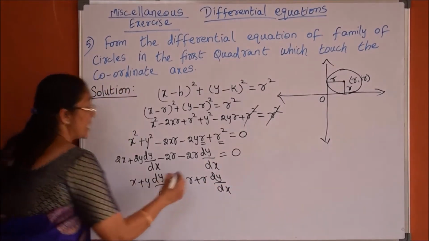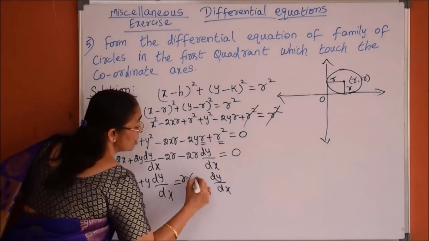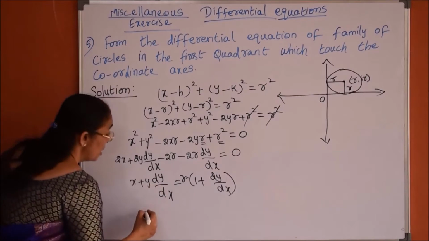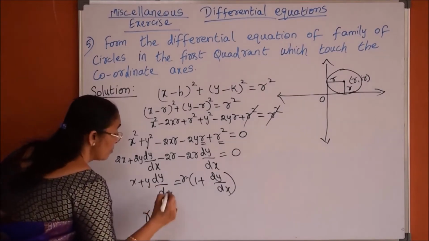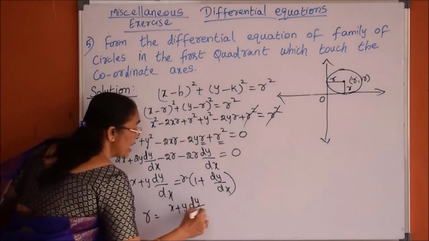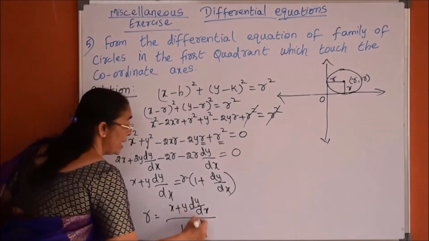Taking r common, we get r times (1 plus dy by dx). So our r value is (x plus y dy by dx) divided by (1 plus dy by dx).